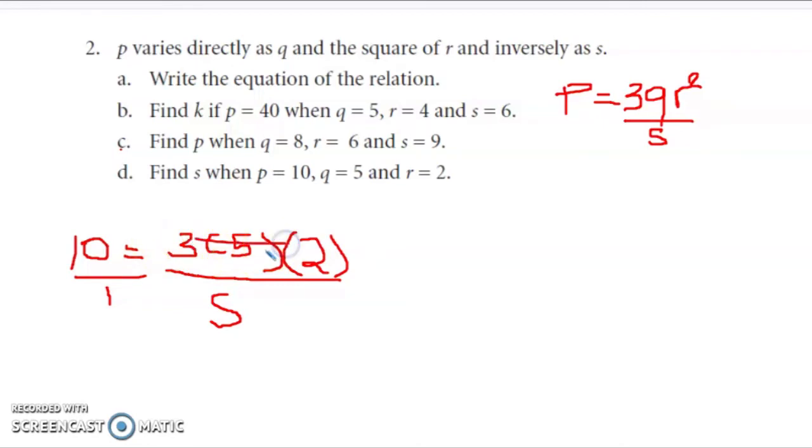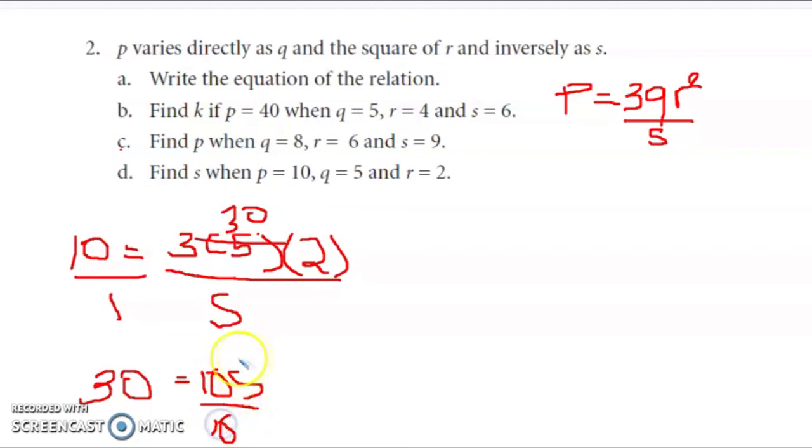So this is 30. 30 times 1 by cross multiplication is 30. And 10 times S is 10S. So dividing both sides now by 10, so we could isolate S here.